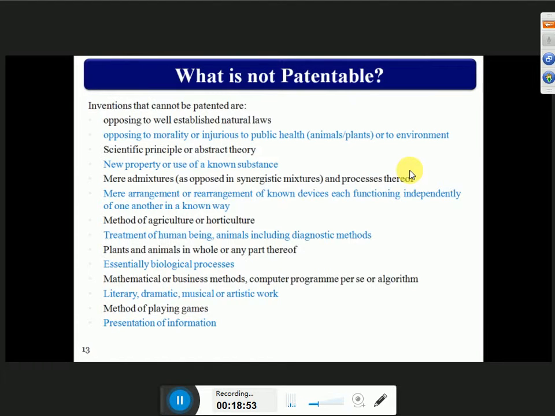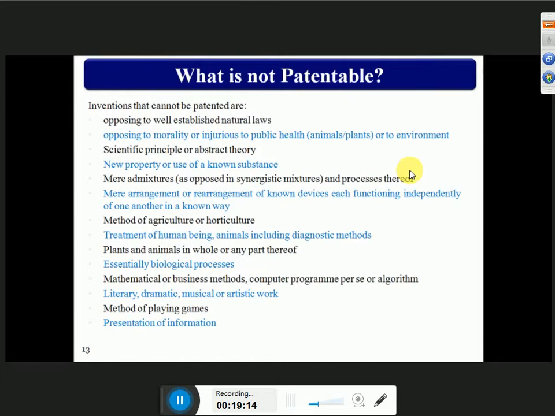A new property or use of a known substance, no. A mere mixture and process thereof in synergistic mixtures, you cannot. Method of agriculture or horticulture, you cannot. Essentially biological processes, it is not.